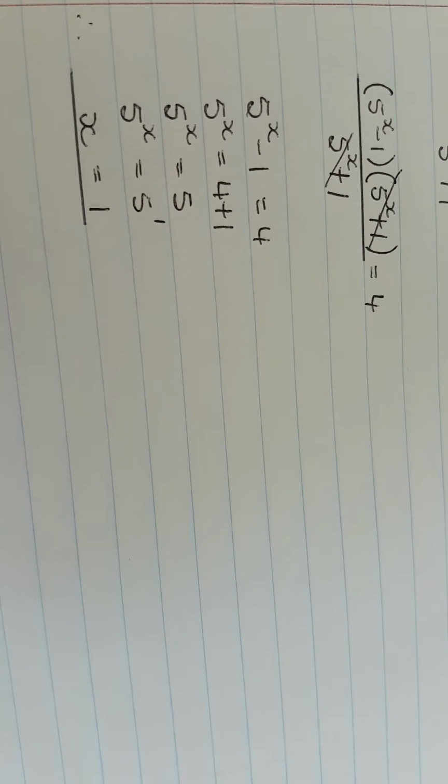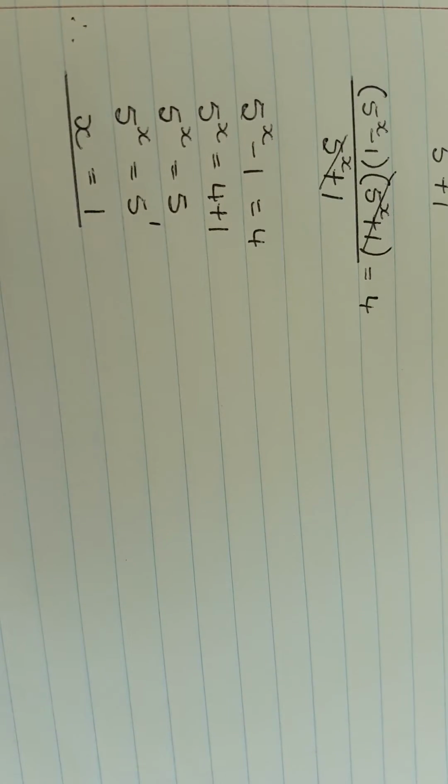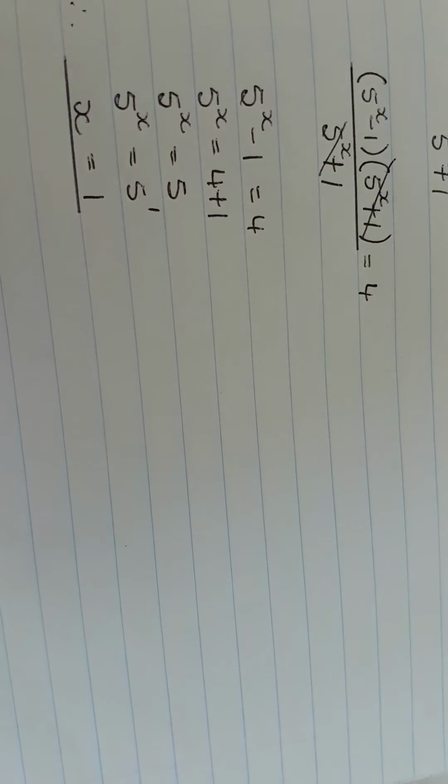Now, 4 plus 1 is equal to 5. Great, because our bases are now going to be the same. Now, don't ever confuse 5 with 5 to the power of 0, because you don't see a number there.